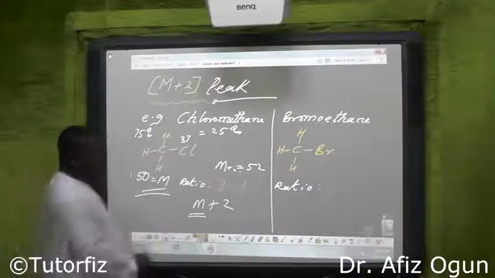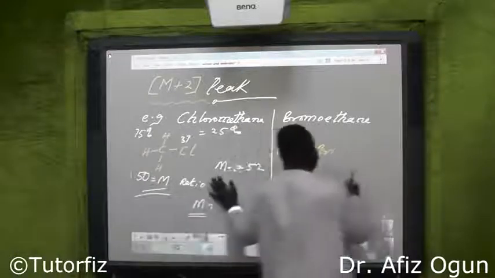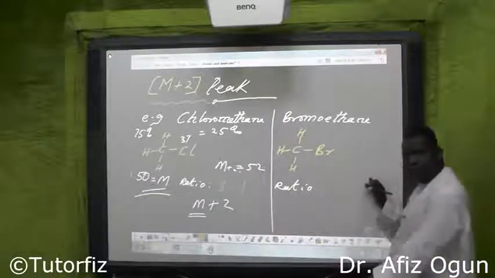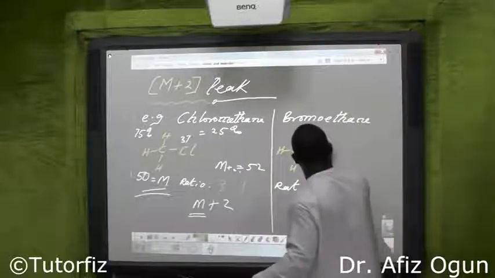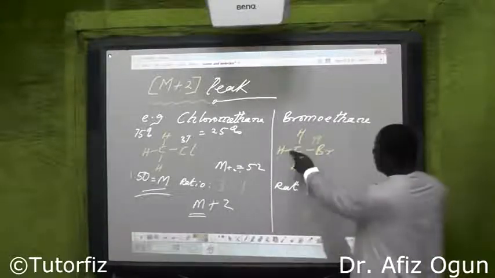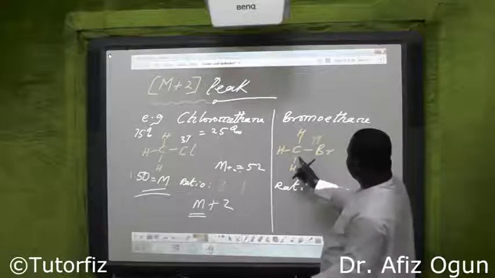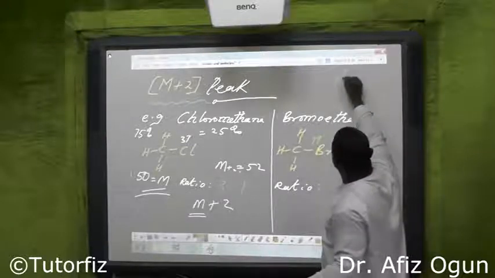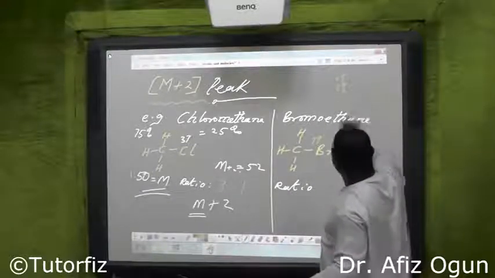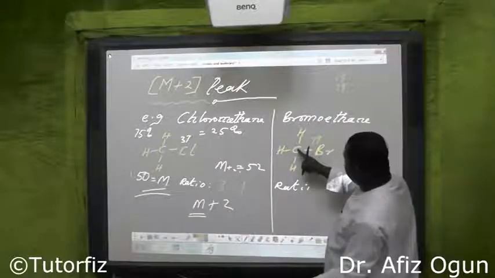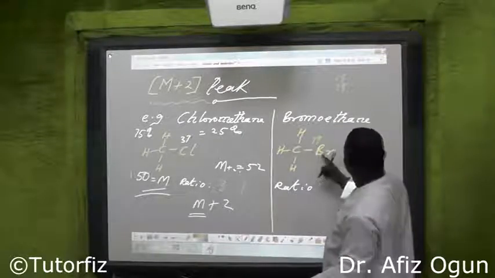So when you see that type of thing, you know that this is chlorine. It is not the same for bromine. Bromine can be bromine 79. When we add everything together, we have 15 plus 79. See, 12, 13, 14, 15 plus 79.